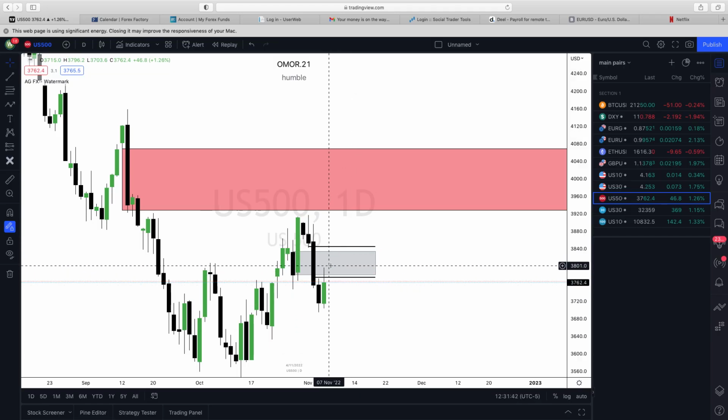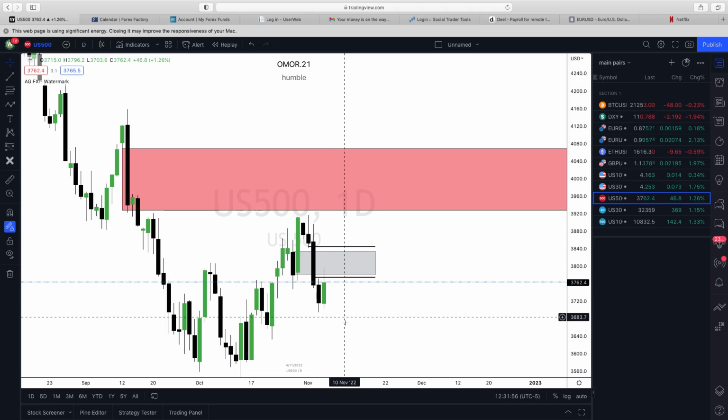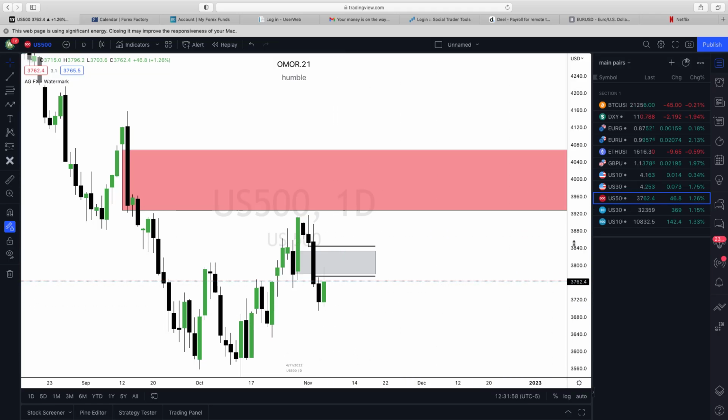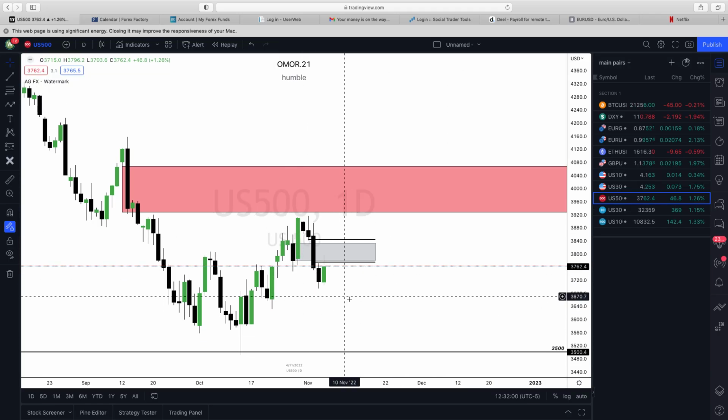If you aren't close to the previous day's high, don't anticipate a run on it. For example, Monday opens up and it consolidates around here and closes around here. Tuesday is relatively close to this candle's high. We can sweep that to go lower, right? Have this as your target first, and then we're going to make our way back to 3,500.